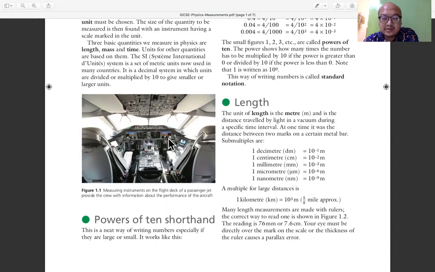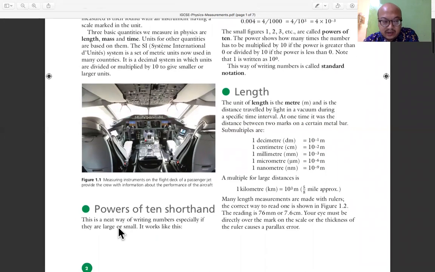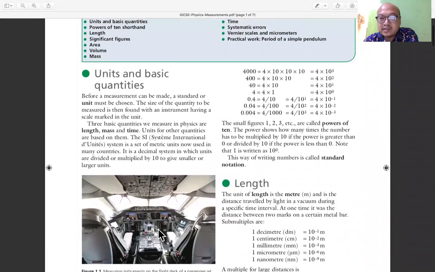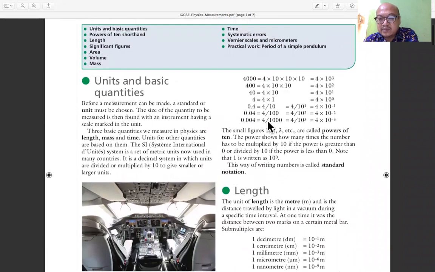Okay, now powers of 10, shortened. This is a neat way of writing numbers, especially very large or very small ones. It works like this. This is important because later we will solve some numerical questions with numbers, and then we need to change them into powers of 10. Like 4,000, the same as 4 times 10 power 3.